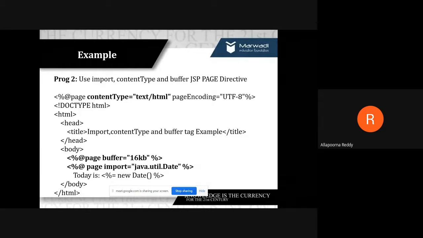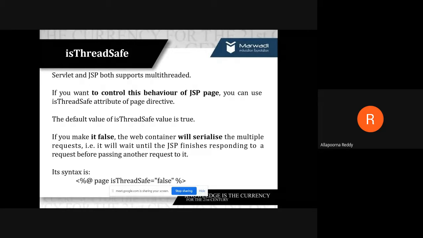The second is page buffer 16 KB, and page import, where we import things which we have, either a class, an interface or a package. So three combined make one example. Up to this I think we have seen in the previous session. This also we have done, but I made it fast. Once again I will come back to this.